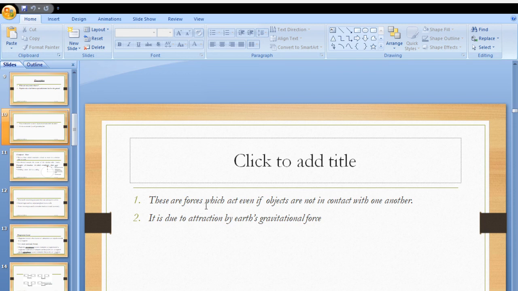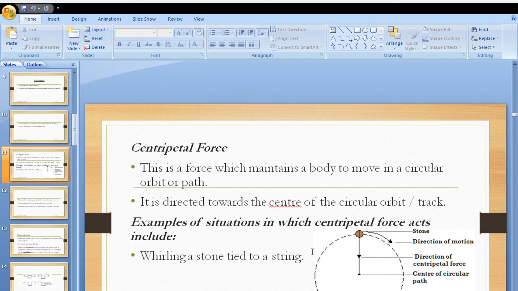Non-contact forces are forces which act even if objects are not in contact with one another. A ball that is thrown up will always come back to the Earth. Why? It is due to attraction by Earth's gravitational force. Good. So that was about force of gravity.